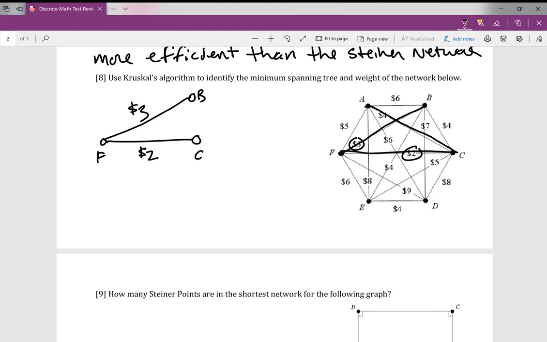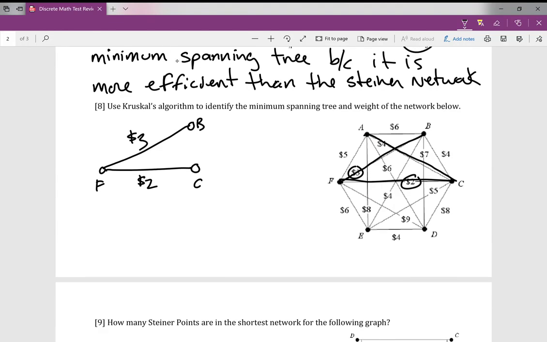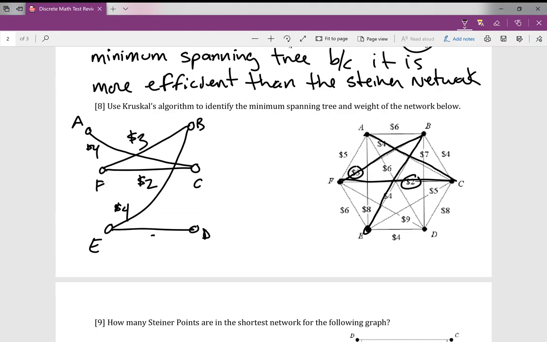I can connect A to C. We can connect B to E. And finally connect E to D, and that connects all 6 of our points with a tree using Kruskal's algorithm. So now we just need the total weight.